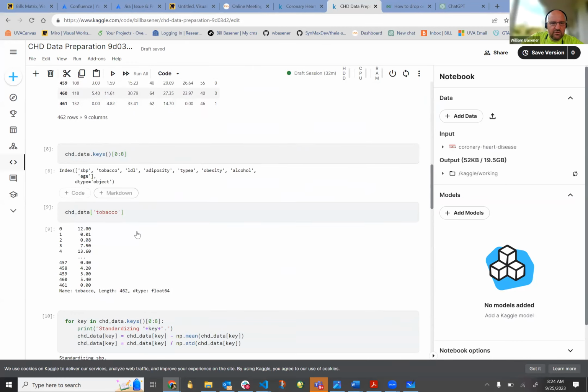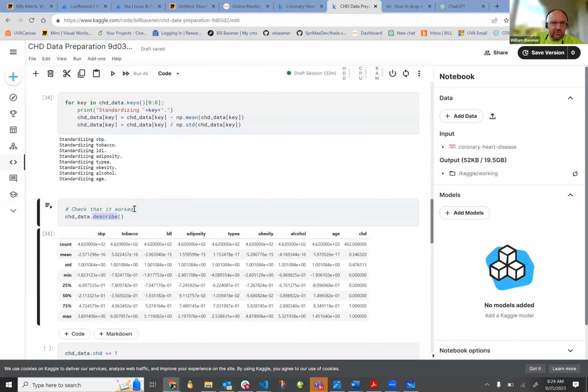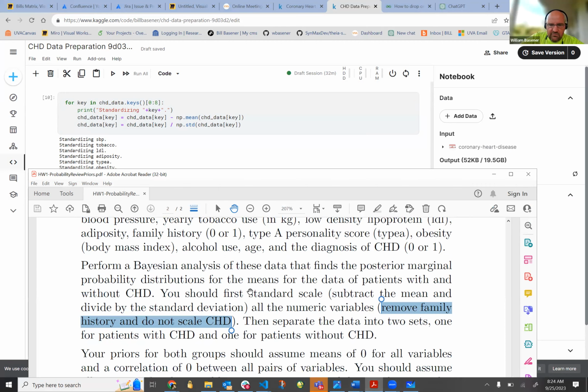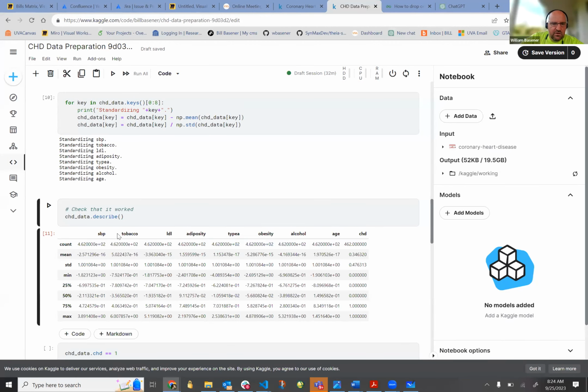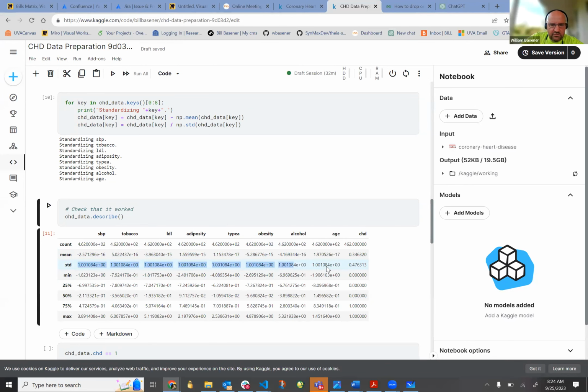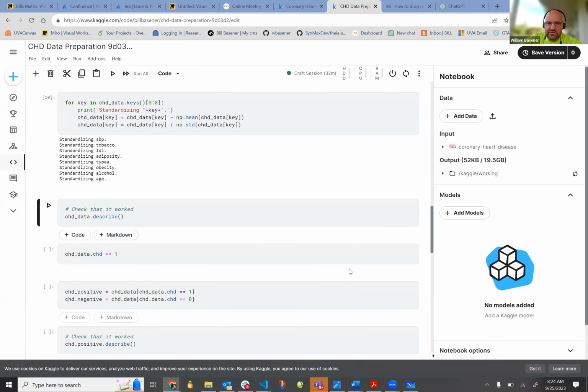Now that we've normalized, or standardized, what was the word in the notebook? It says standard scale. Now that we've done our standard scaling, we should have a mean of 0. And these means, except for the CHD one, are all very close to 0, and a standard deviation of 1. You can see we have a standard deviation very close to 1. So it worked.